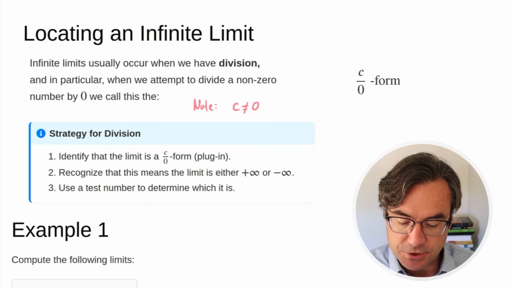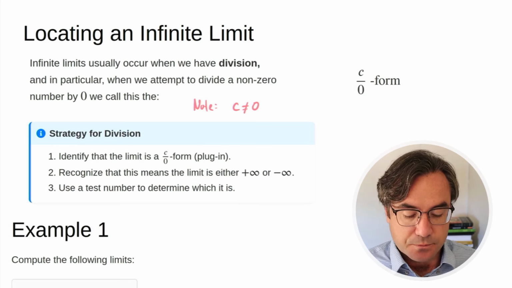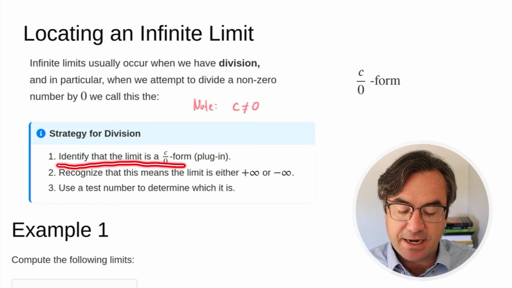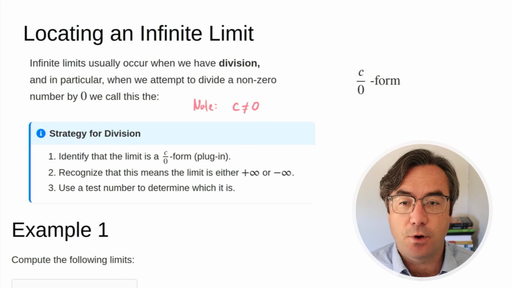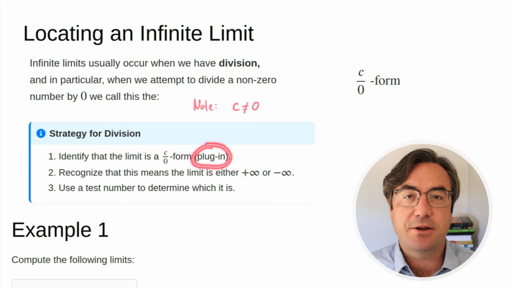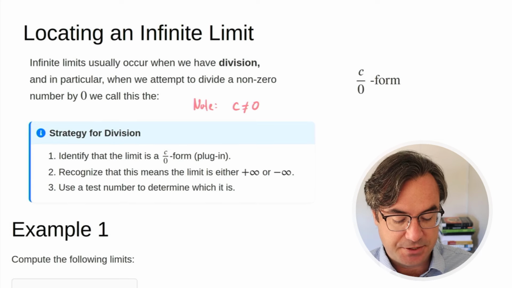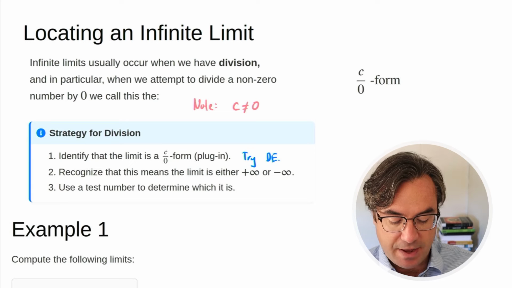All right, so what are we going to do? Our strategy is first we identify that our limit is this C over 0 form. So we're just going to try direct evaluation. We're just going to try plugging in. That's what this first step is.